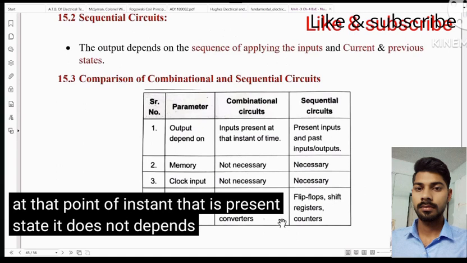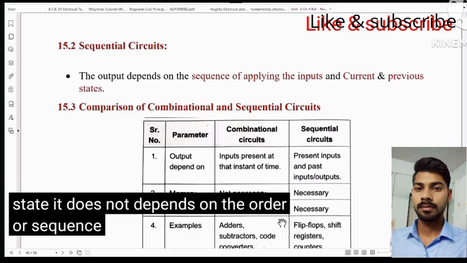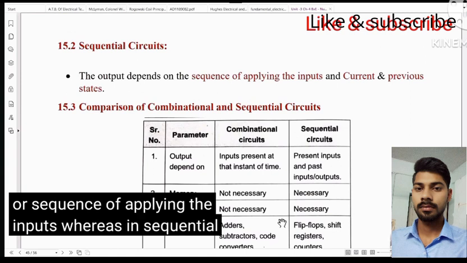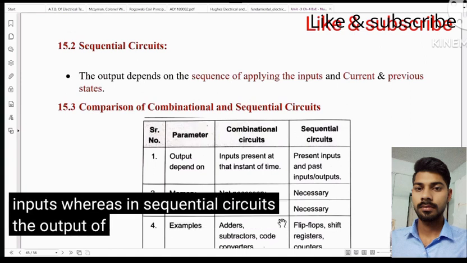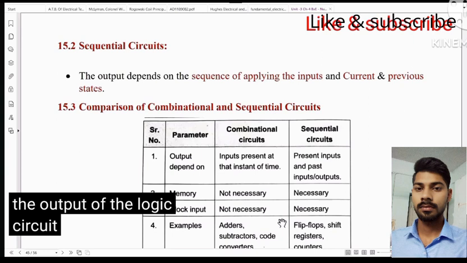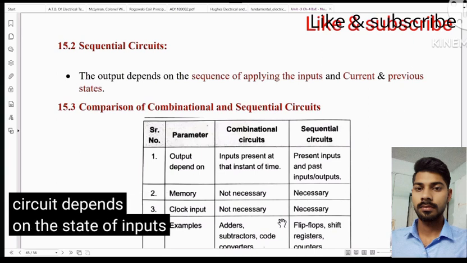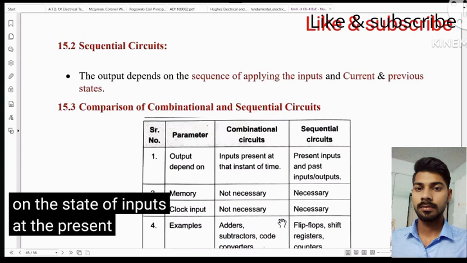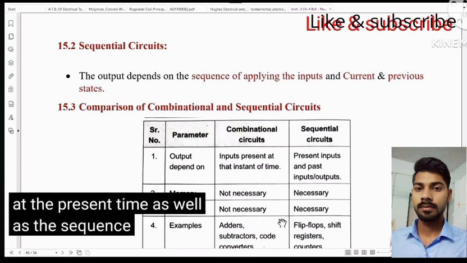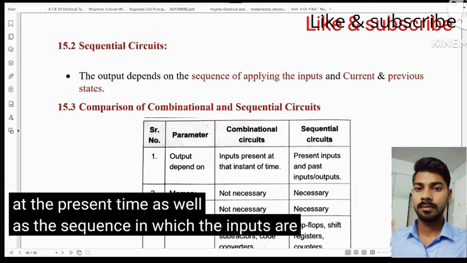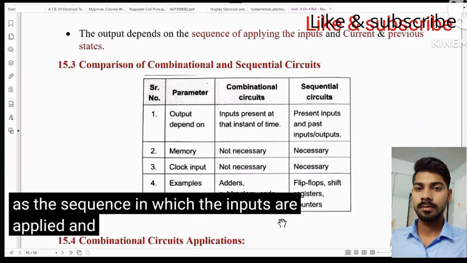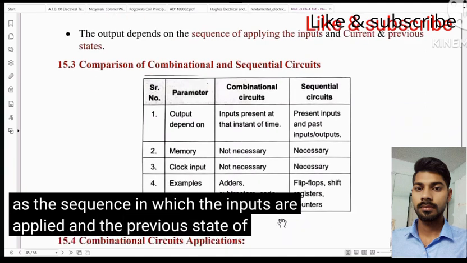It does not depend on the order or sequence of applying the inputs. Whereas in sequential circuits, the output of the logic circuit depends on the state of inputs at the present time, as well as the sequence in which the inputs are applied and the previous state of that input.